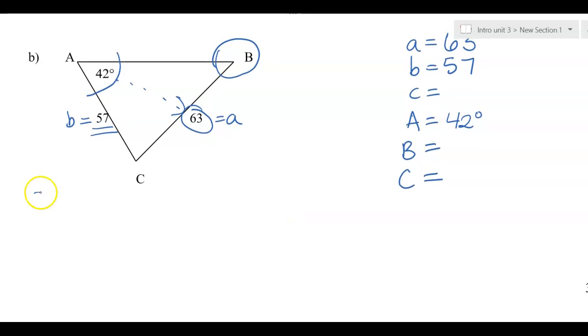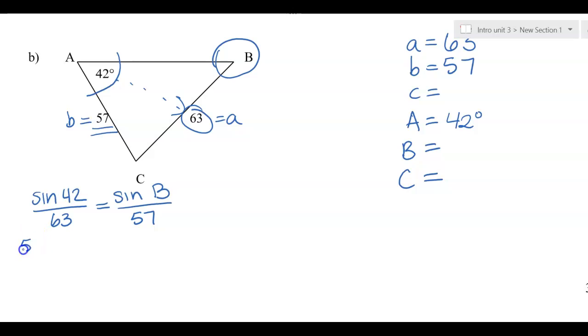So our ratio would say sine of 42 is across from 63. So we'll set up that ratio, and we can set that equal to the sine of angle B, and that's across from 57. Okay. So if you want to take the same approach, it's technically one extra step to cross multiply, but a lot of you like having a consistent idea to do this, so I'm just going to do it that way anyways.